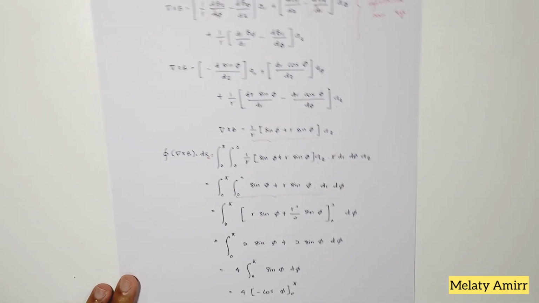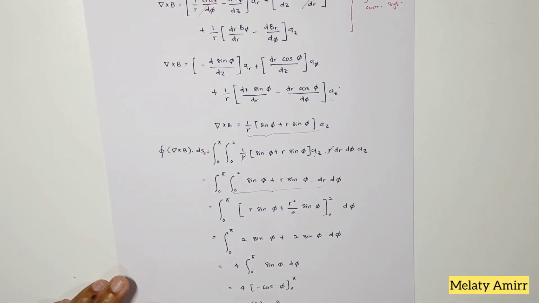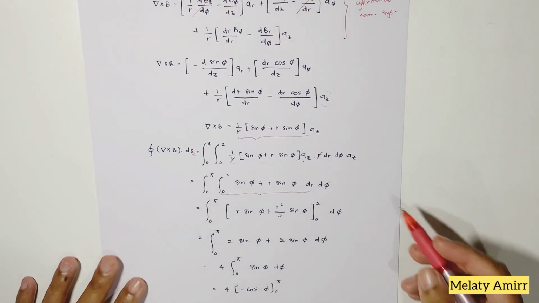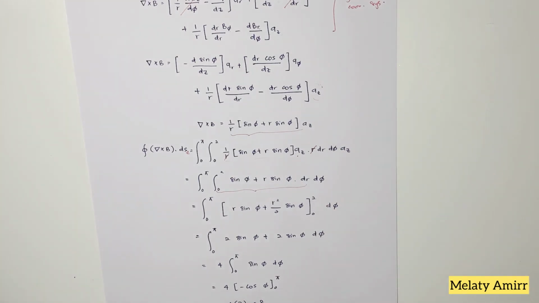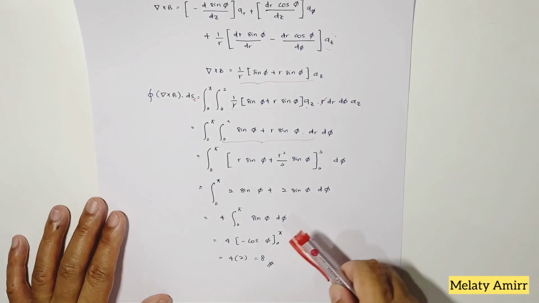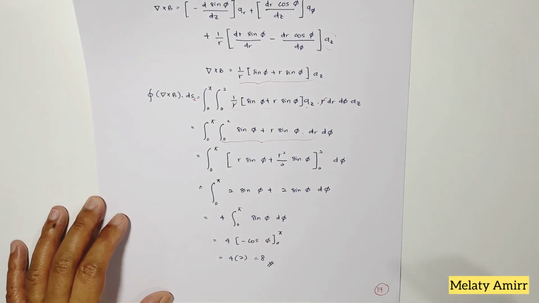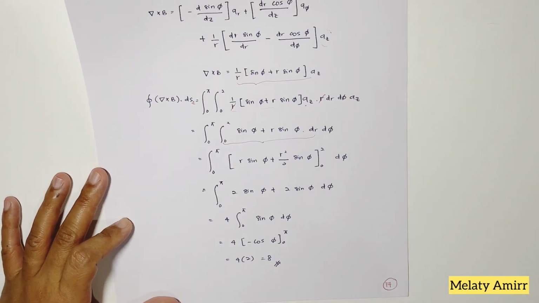At the end you will get the answer, which is 8. This one is just solved using simple integration. You can do it by yourself, because you learned this in secondary school. So the answer is 8, and it's verified that this is Stokes' theorem. Okay, thank you.